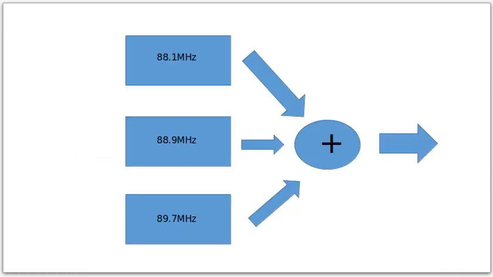Well, one way is we'll get three oscillators and tune them to the separate frequencies, add them together, and voila, there you have three FM signals. Now you might think that's no big deal, but let's say you have now 1,000 frequencies. Hopefully you quickly are seeing that this method is rather expensive and stupid.